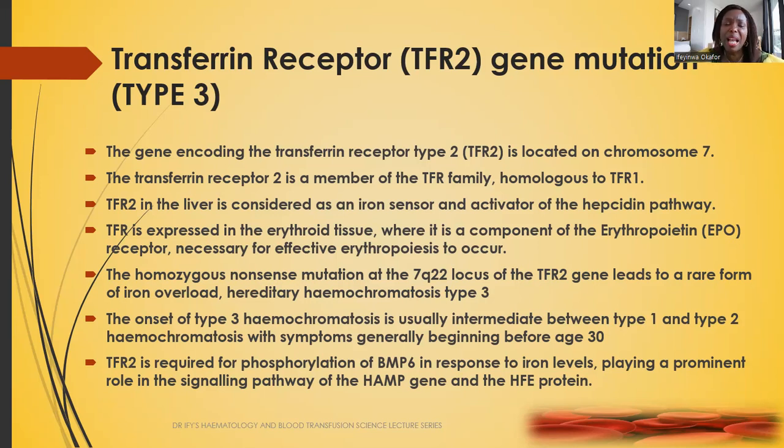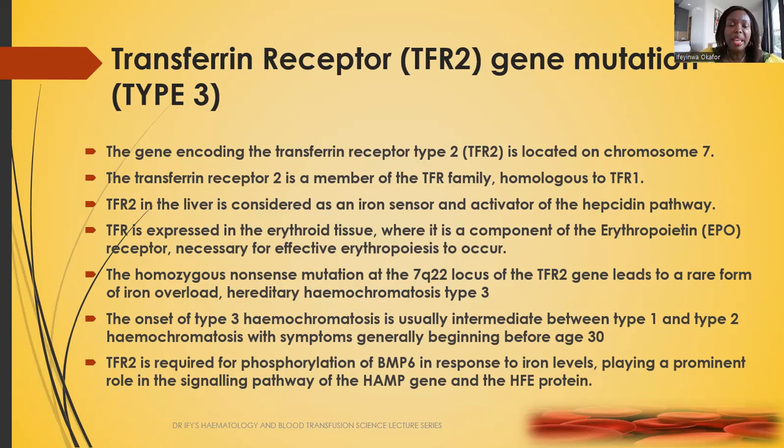The onset of type 3 hereditary hemochromatosis is usually intermediate between type 1 and type 2. Remember, type 1 occurs in adulthood, type 2 occurs in childhood, while type 3 is intermediate, with the onset of symptoms at about 30 years of age.